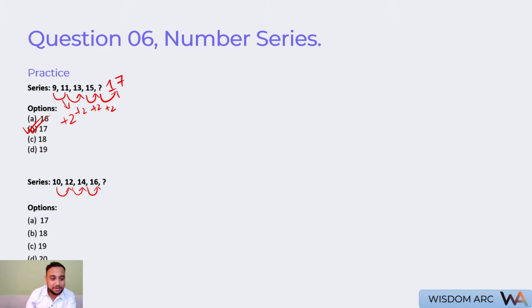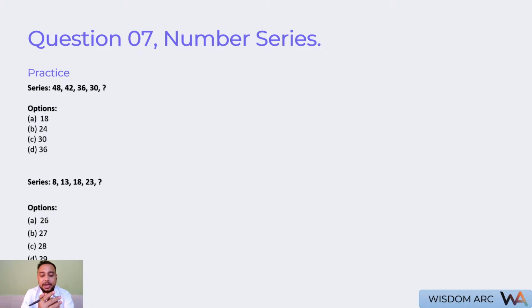What will be the answer for this section? Same logic is following. Come on. Yes, the correct answer is 18 plus 2 plus 2 plus 2 and plus 2. Okay. Next question.